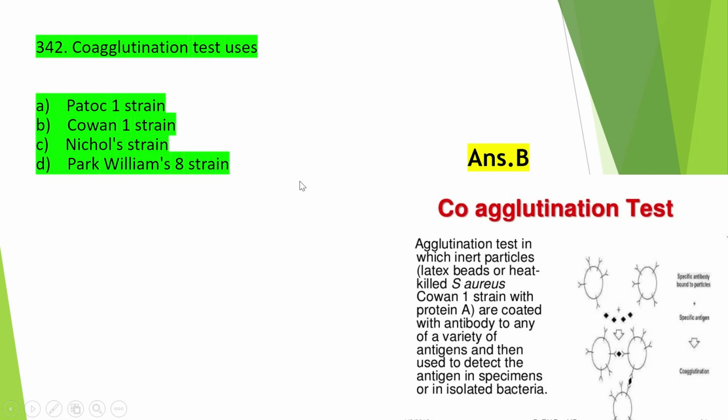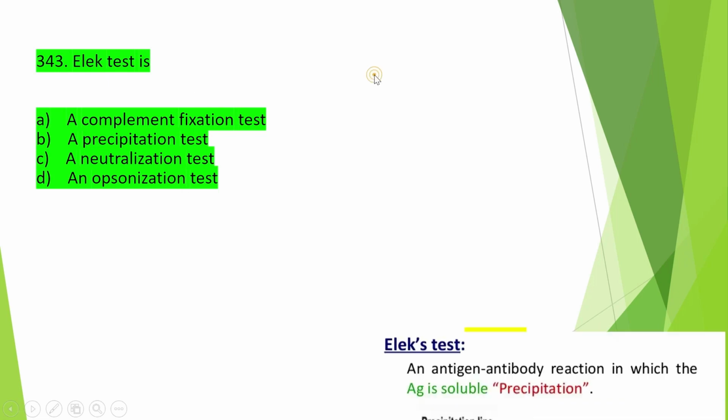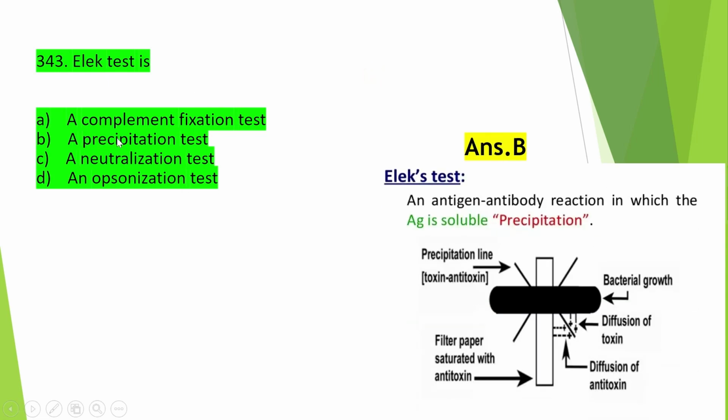Okay, so move on to the next, that is ELEK test is a complement fixation test or a precipitation test or a neutralization test or an opsonization test. So ELEK test is option B, that is a precipitation test. So ELEK test is an antigen antibody reaction in which the antigen is soluble.